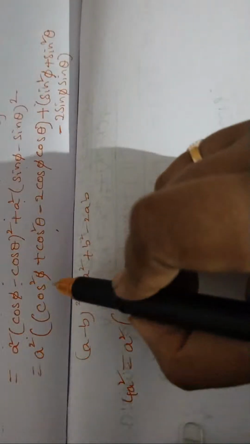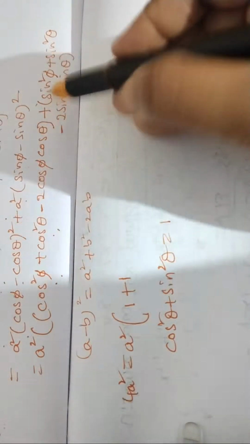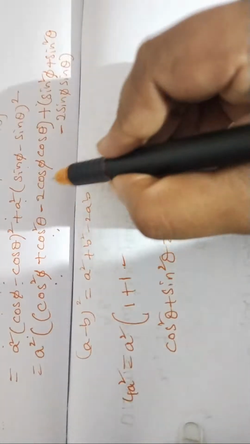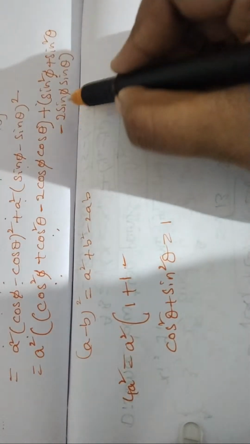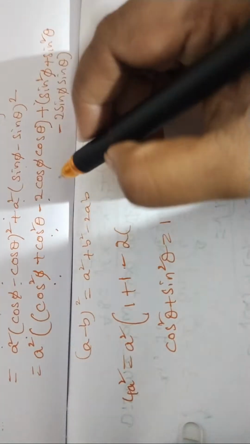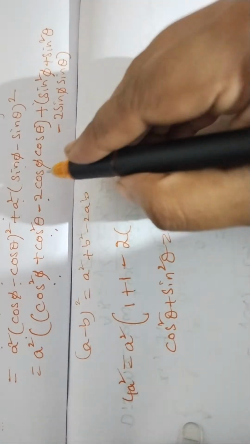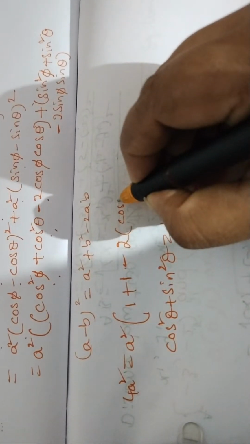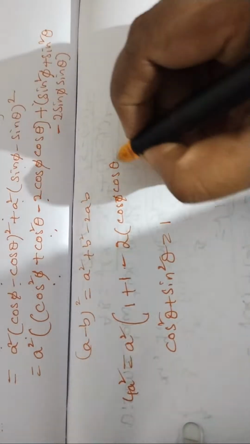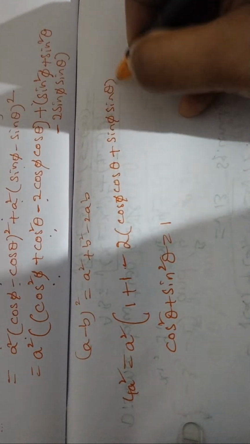So again 1, minus 2 cos phi cos theta, minus 2 sin phi sin theta. Take minus 2 common, and here this minus will become plus, because I took common minus. So we have cos phi cos theta remaining, plus sin phi sin theta.